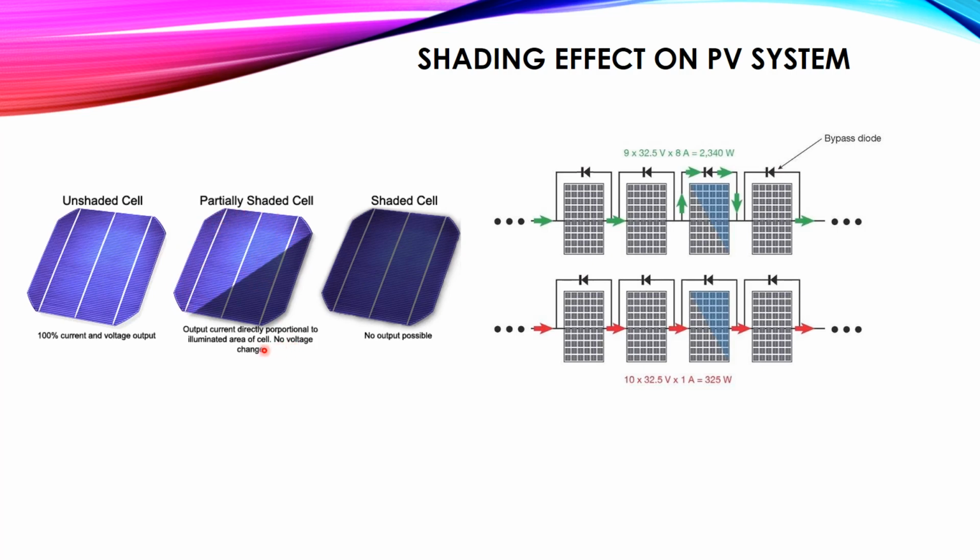The voltage will not change depending on the shading effect. So the voltage is constant. The variable here is our current. Now in the completely shaded cell there will be no current, so it will be zero, so there will be no output.